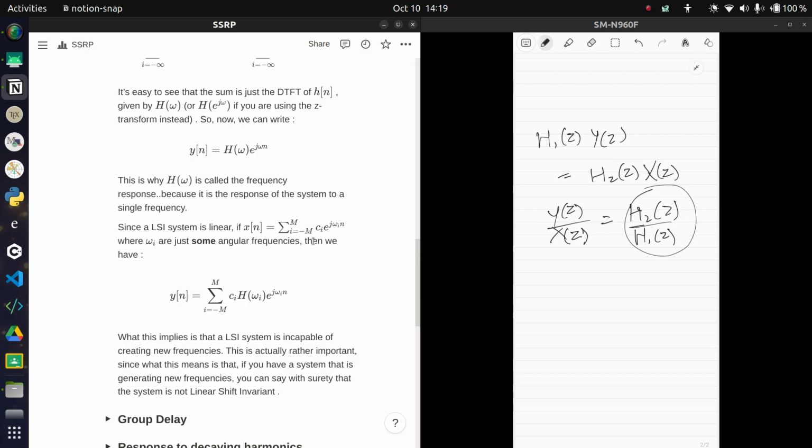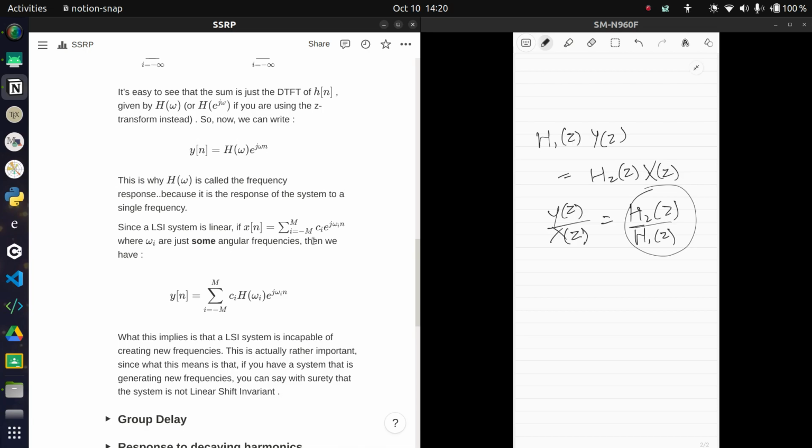Oh yeah, there's also this important thing that for LSI and LTI systems, you cannot have new frequencies. No matter what frequency you put in, you just get H of omega, which is some complex number. It's not a function of omega, it's the function evaluated at omega. That value, the complex number, times e to the j omega n, which is a function of n, is y of n.